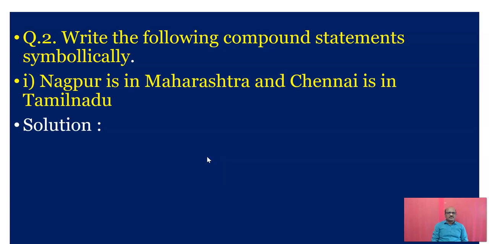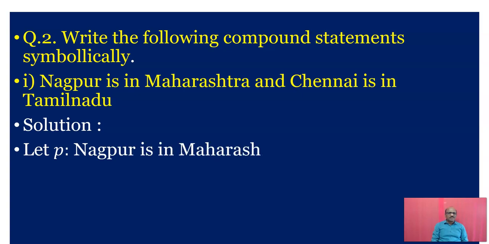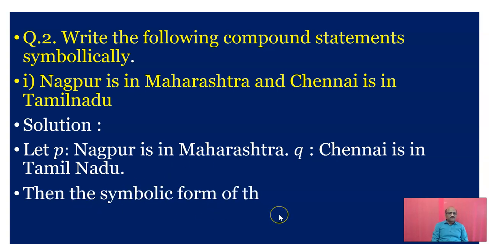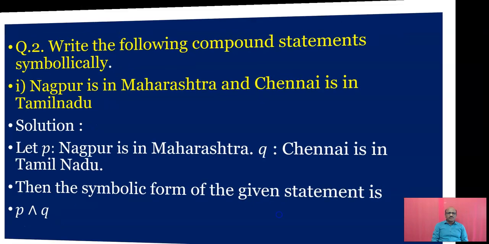We can write in symbolic form. Let P denote Nagpur is in Maharashtra. Q, Chennai is in Tamil Nadu. Then the symbolic form of the given statement is P and Q.